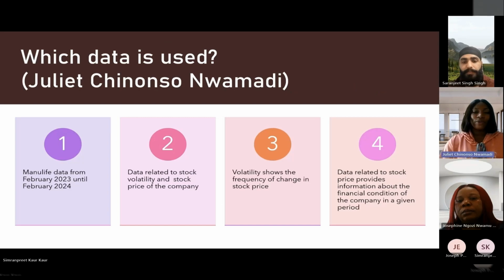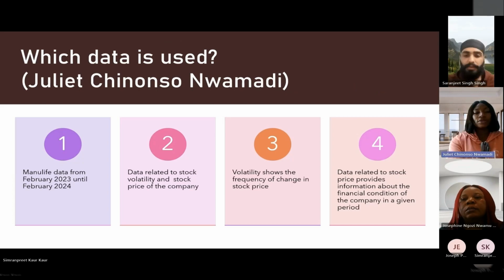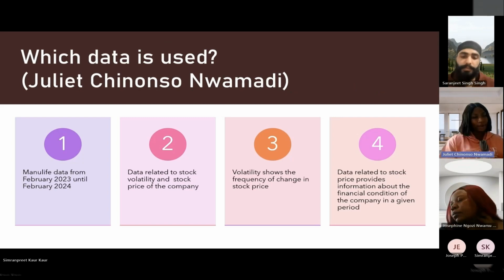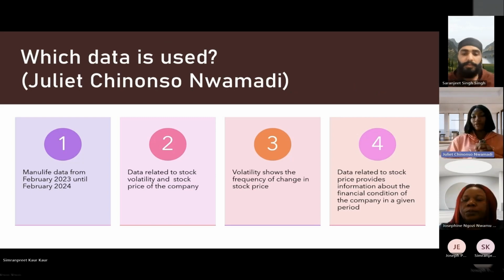Hi everyone, my name is Juliet Chinosonwamade. For our research, I'll be discussing what data were used, how it was acquired, and how the data was processed. To start with, the data we used is related to Manulife stock volatility and stock price. We compared the one year performance of Manulife between 2023 and February 2024, and observed the volatility of the stock price during this period.